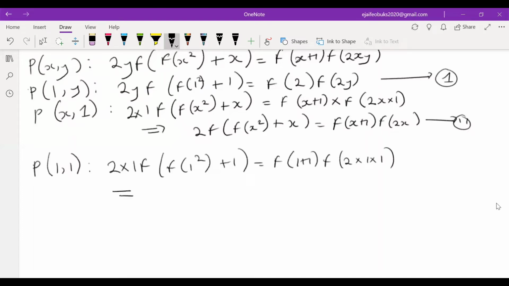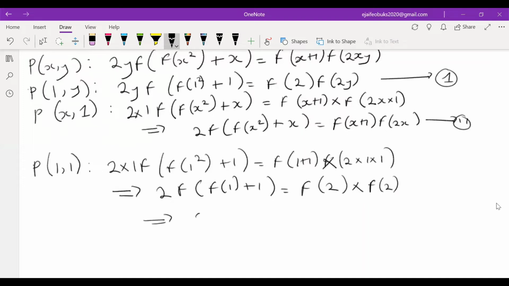And this means that 2 f of 1 plus 1 is equal to f of 2 times f of 2, that is, 2 f of 1 plus 1 is equal to f of 2 all squared. Let me call this 3.